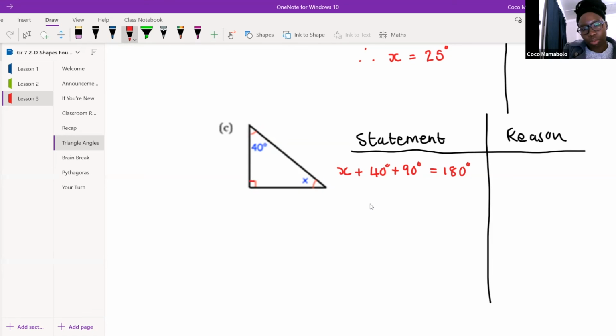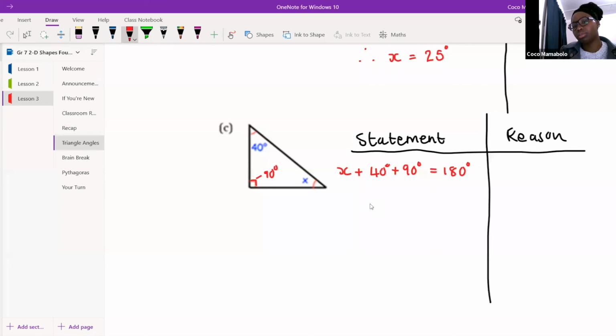Where did the 90 come from? Does this square not tell you that it's 90 degrees? Oh, I didn't even notice the square. This square over here means that that's 90 degrees. And that's how we get 90 degrees.